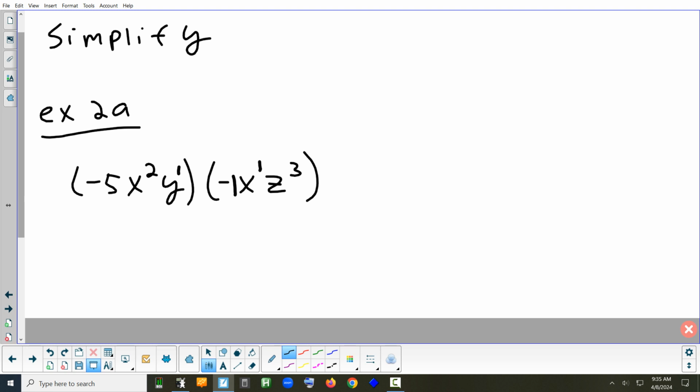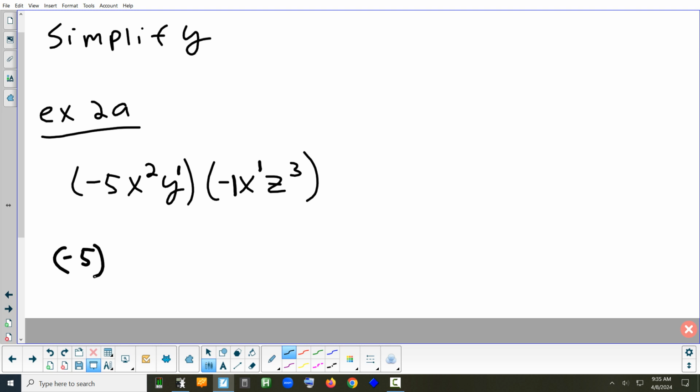Okay. So let's start with the negative 5. Is there anything I can multiply negative 5 by? Because negative 5 is a constant. Is there any constant in the other set of parentheses? Negative 1. Yep.